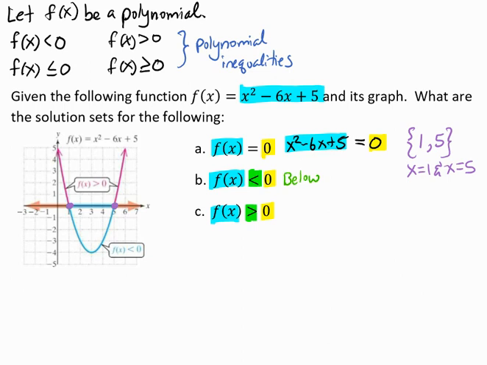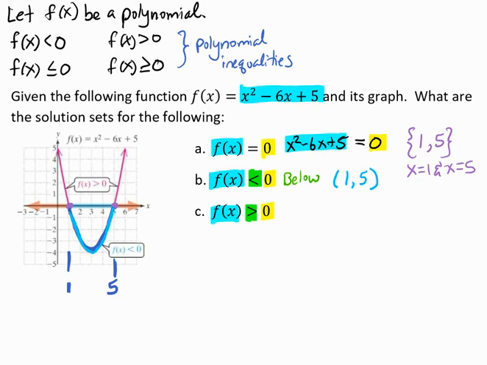We can see that that occurs on this blue portion of the graph, from here to here. That is where our graph is below the x-axis, between the numbers 1 and 5. So our boundary points are 1 and 5, and we would say that it occurs between 1 and 5, using interval notation.